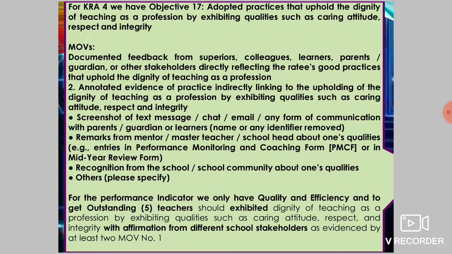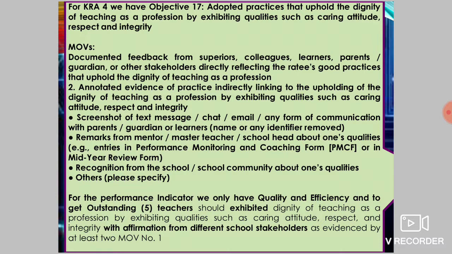Screenshot of text message, chats, email, or any form of communication with parents, guardian, or learner, name, or any identifiers must be removed. Remarks from mentors, master teacher, school head about one's qualities, example entries in performance monitoring and coaching form, or in the mid-year review form. Recognition from the school community about one's quality, etc., and others specify.